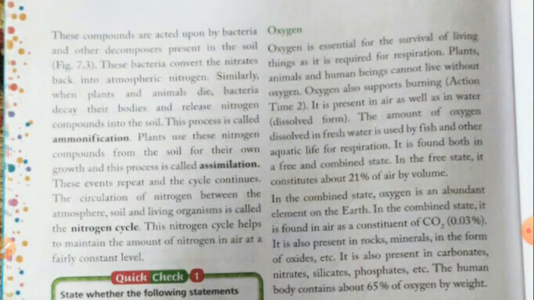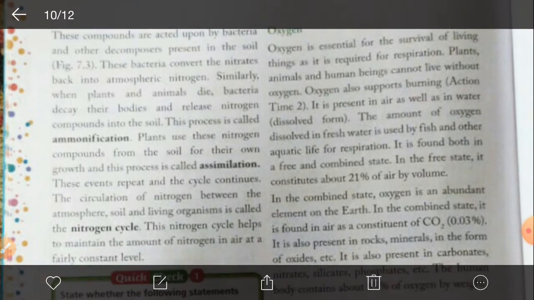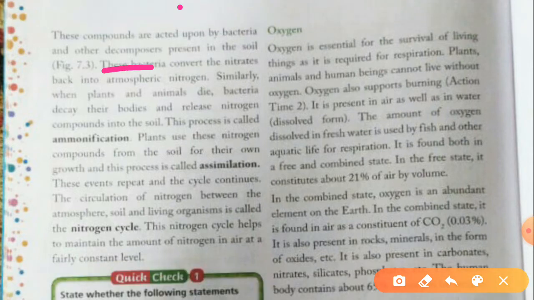This bacteria converts these nitrates back into atmospheric nitrogen. So the bacteria in the soil work on the nitrogen-containing waste and convert the nitrates back into nitrogen.